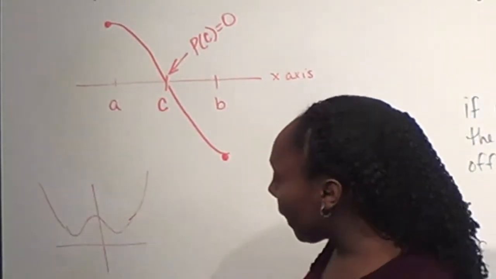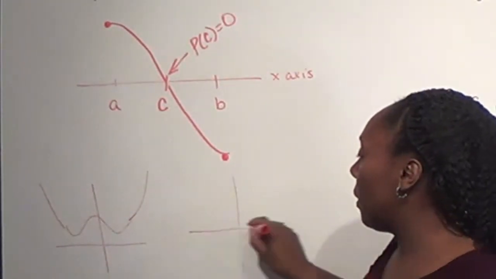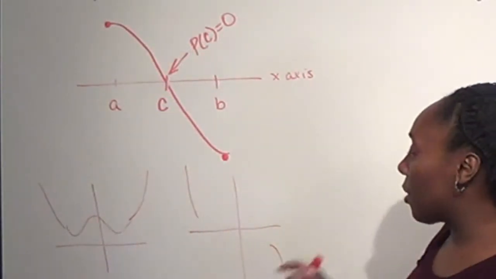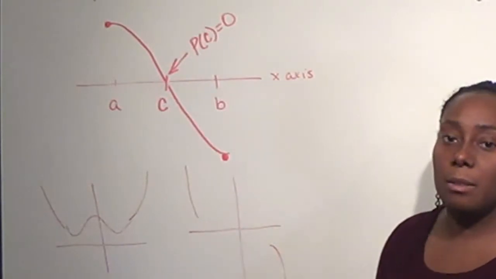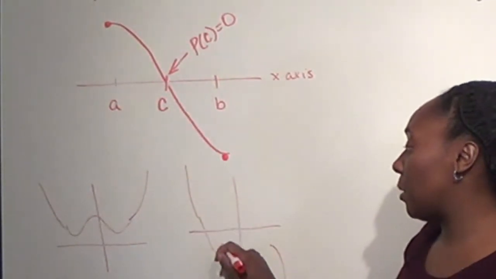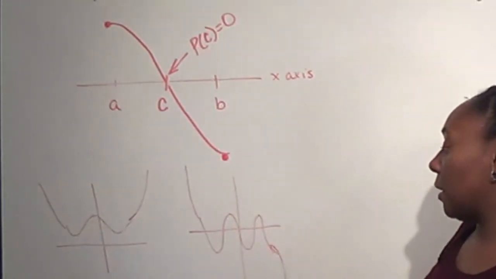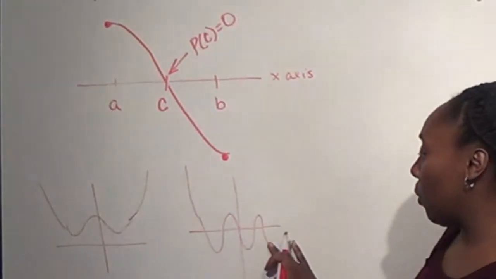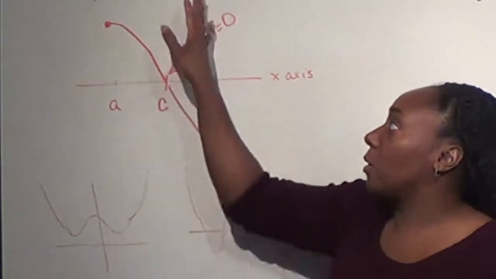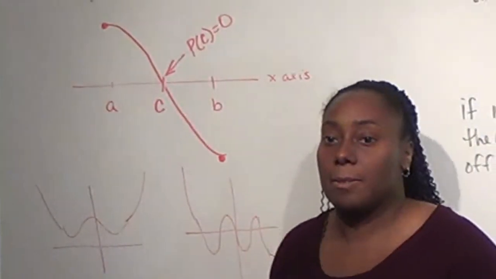However, if my ends are going in different directions, then there's got to be at least one point where it crosses. There could be many, but there's got to be at least one, and that's what our intermediate value theorem says.